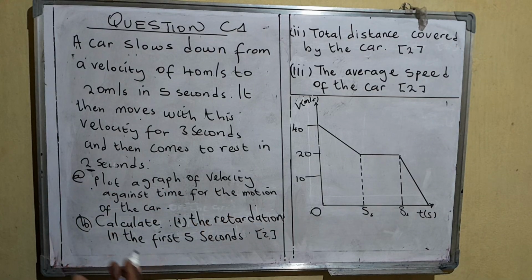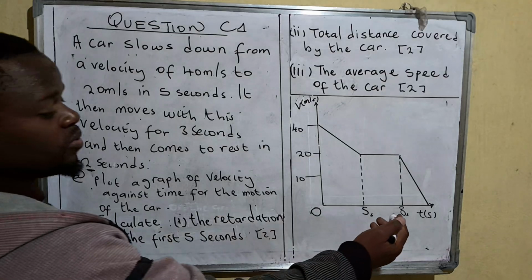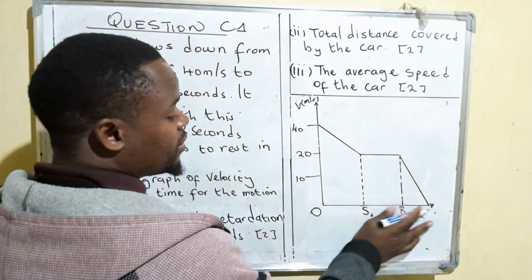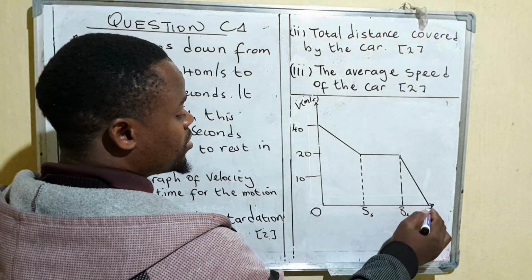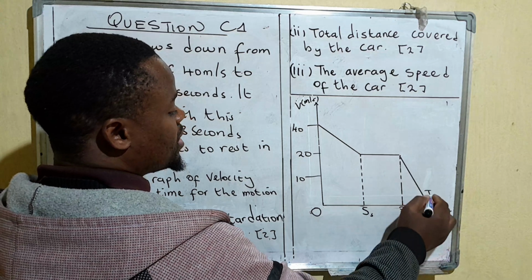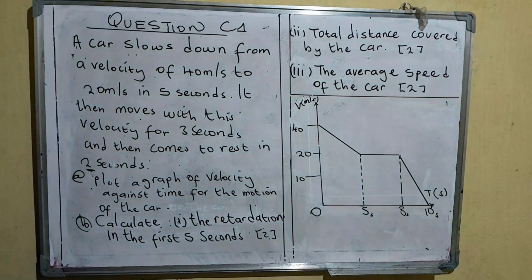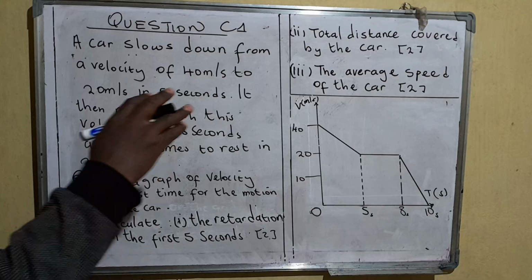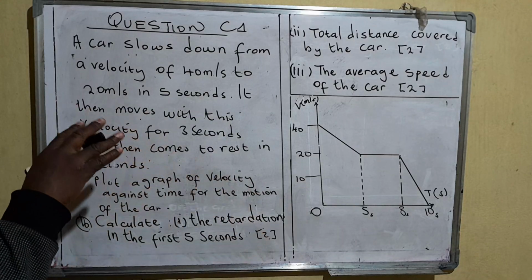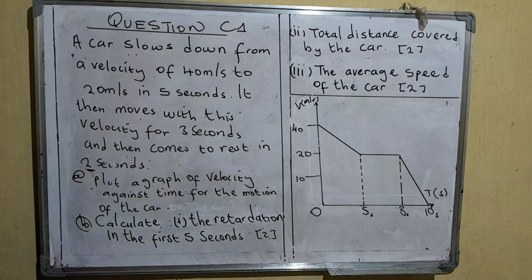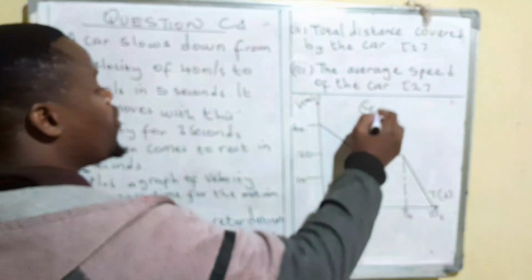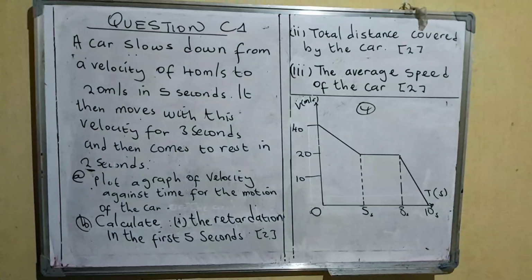So instead of indicating a 2, you add it on to 8, and that will be 10. So here we have 10 seconds. We know this is time in seconds. All right, we've managed to sketch the motion of the car. By so doing, you scoop 4 marks. That's no joke. 4 marks is a lot on an exam.